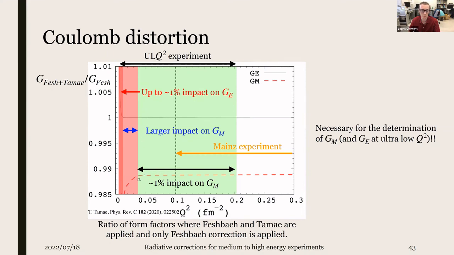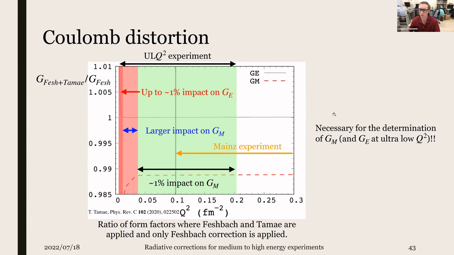But if we go to lower Q squared, it starts to have a larger impact on the magnetic form factor. And in the case of the ULQ2 experiment, for the lowest values of Q squared, the electric form factor is also affected by this correction.